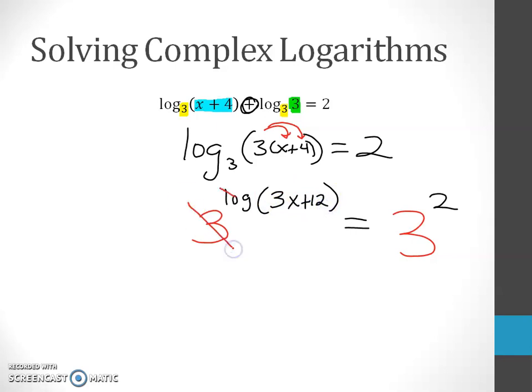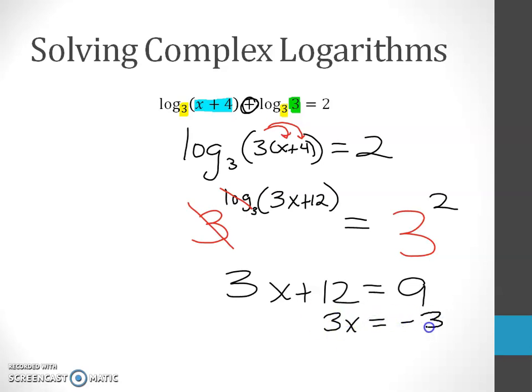These things will cancel. Forgot to write my base 3, sorry. So that log and that 3 will cancel. I'm left with 3x plus 12 equals 3 squared, which we know 3 squared is 9. Subtract my 12 over, 3x equals negative 3, and x equals negative 1. So there's our answer. Okay, nothing too crazy there.